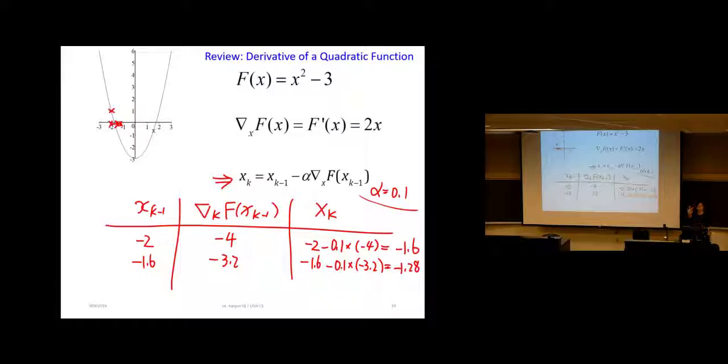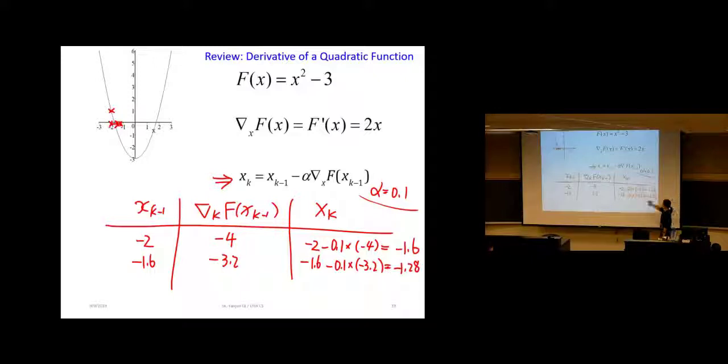I start from -2. I move right, and that right direction is how the function decreases. What I mean is that the gradient means the change of your x, so that's why it has to be on the same side of your x, right?